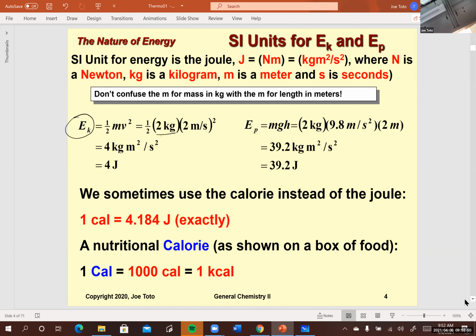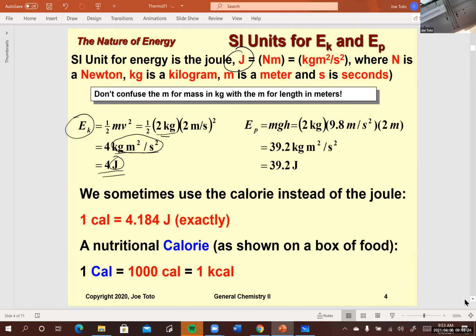I just put in a 2-kilogram object moving at 2 meters per second, and I calculated its energy in joules because I know that a joule is equal to a Newton meter, a force through a distance, and a Newton is a kilogram meter per second squared. So a joule is a kilogram meter squared per second squared. And that's what I have here on the left.